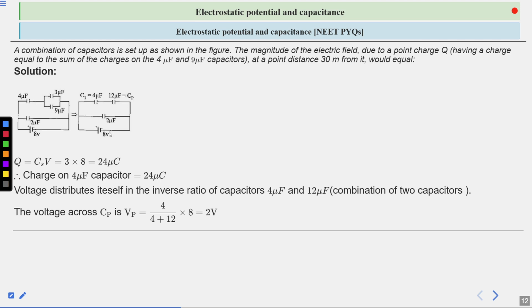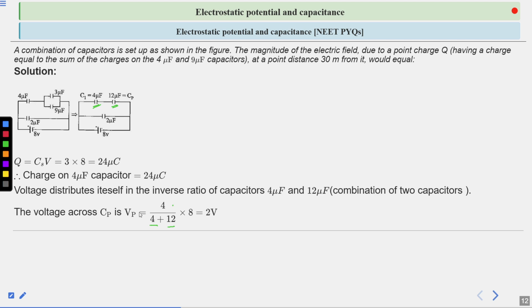Now we have to find the voltage across CP. So we take in the numerator the capacitance of the other capacitor, because it is an inverse ratio. If we want to find the voltage across this 12 microfarad capacitor, we take in the numerator the capacitance of the other capacitor, upon the sum of both the capacitances.